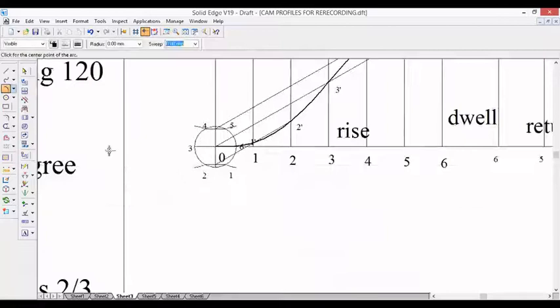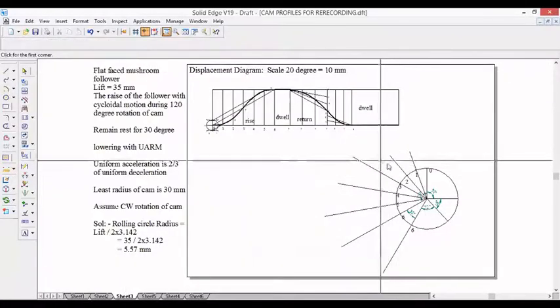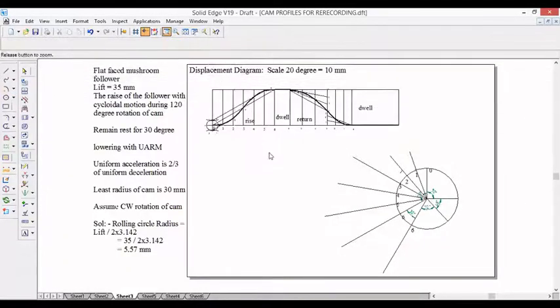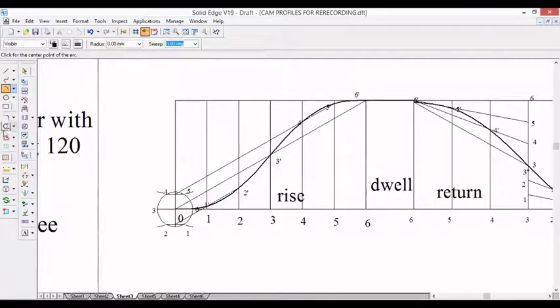Measure similarly 2 to 2 dash using compass, keep compass on 2 and measure to this 2 dash. Similarly 3 to 3 dash, measurement you take using compass, keep compass on 3 and touch this 3 dash.